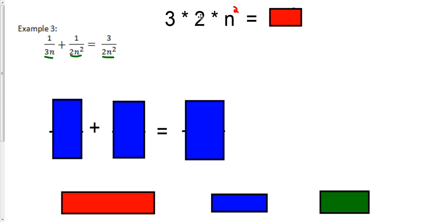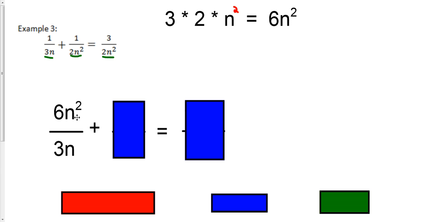Now, 3 times 2 times n squared, our LCD is going to be 6n squared. This amount, 6n squared, is what we're going to be multiplying each term by. Now when you multiply each term by the 6n squared, it really only affects the numerator. So when we multiply the first one by 6n squared, we get 6n squared over 3n.